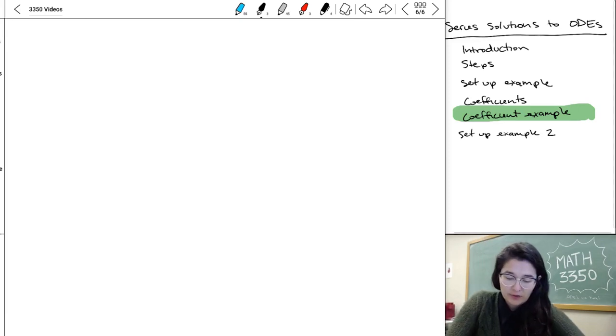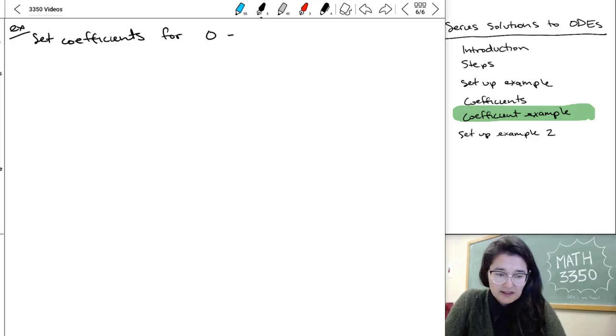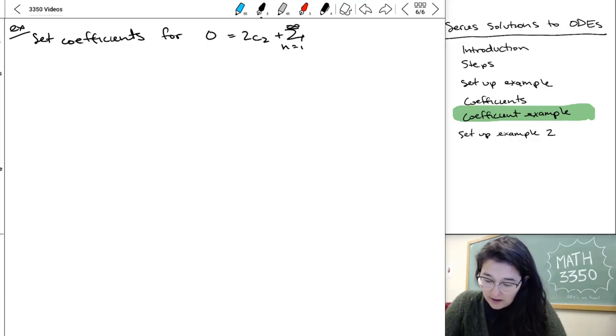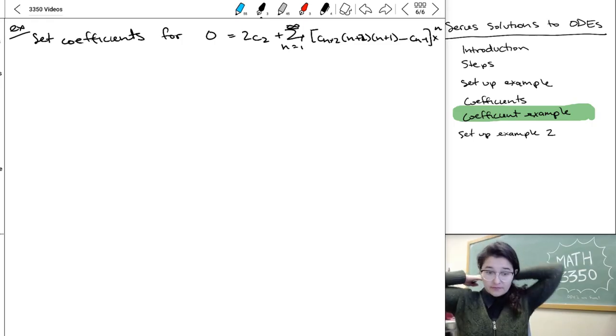All right, so we're ready to try and set coefficients for that equation. We had gotten to where 0 was equal to 2c2 plus the sum from n equals 1 to infinity of (c_{n+2} times (n+2) times (n+1) minus c_{n-1}) x to the power n.